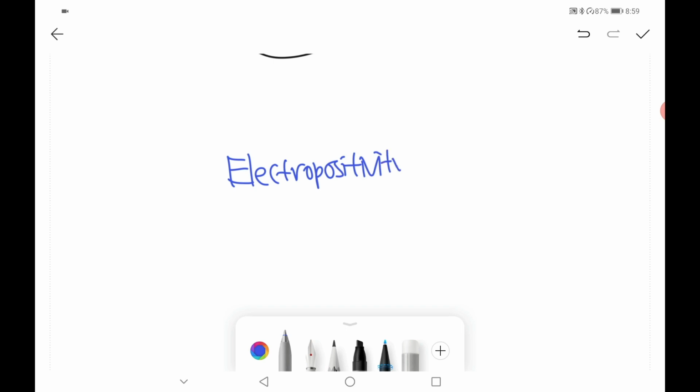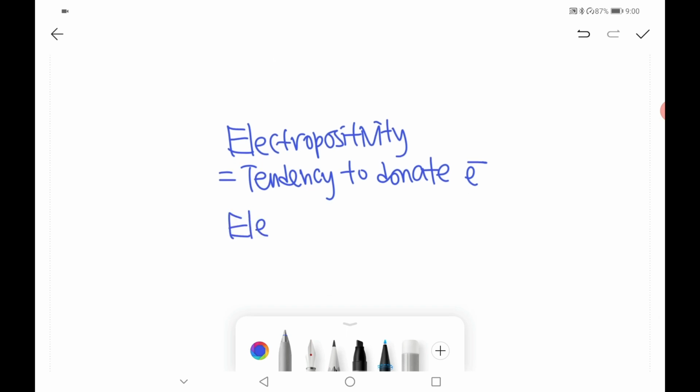Electropositivity is the tendency to donate electron. When you donate electron, you become a positive ion. So electropositivity tells you who loves to donate electron. Electronegativity, we go the other way around, terbalik.